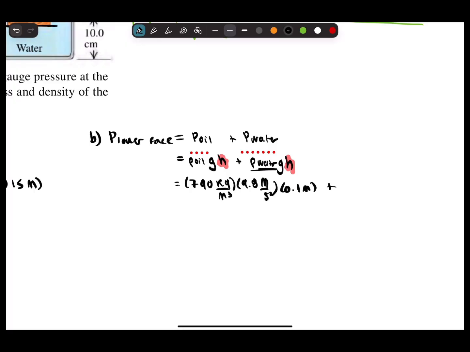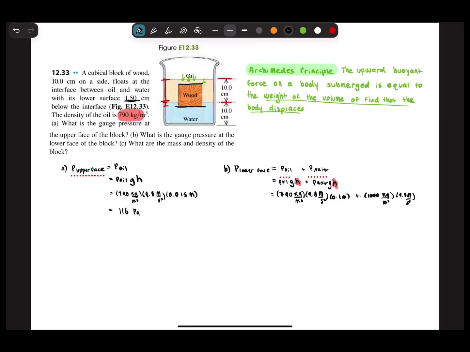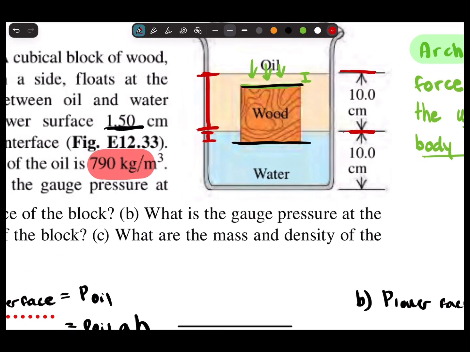Now let's move on to water. Rho water is 1,000 kilograms per meter cubed. That's just a known fact. Water has that density. G, same old 9.8. H, so for water, there's only this much water above our surface of interest. So we only care about this height, which is going to be 0.015 meters.